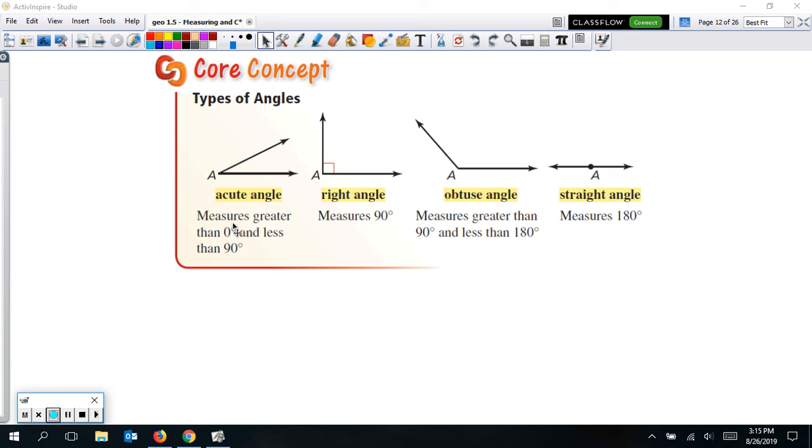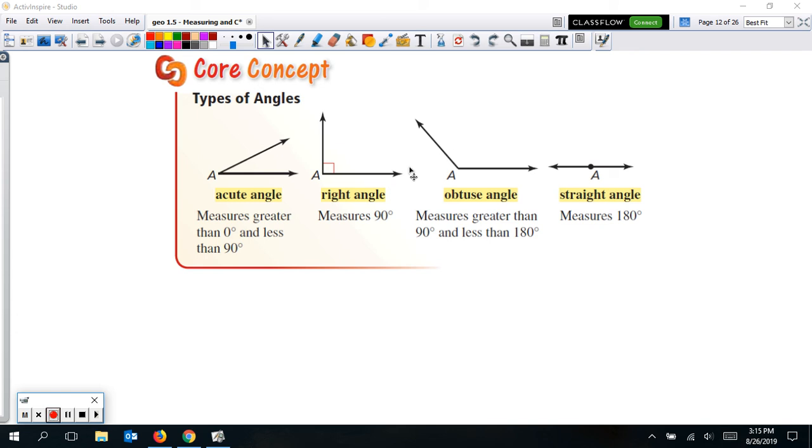So the acute is going to measure between 0 and 90 degrees. So less than 90 degrees, it's going to be called acute. A right angle is going to be exactly 90 degrees, just like a perfect corner of a square or something. Obtuse is when it's going past 90, so it's more than 90 degrees.